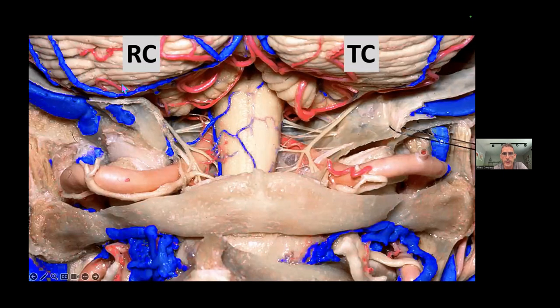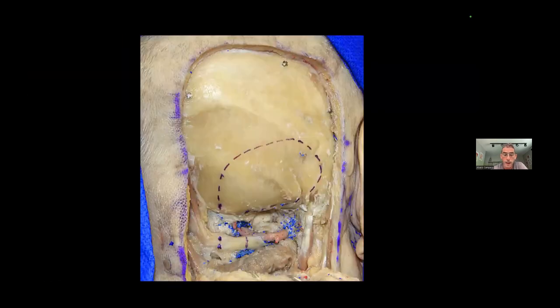So we can see in this anatomical picture the view of a retrocondylar approach and of the transcondylar approach, where we can go better to the anterior portion of the foramen magnum. But another important anatomical thing is that we usually try to expose the V3 segment of the vertebral artery.